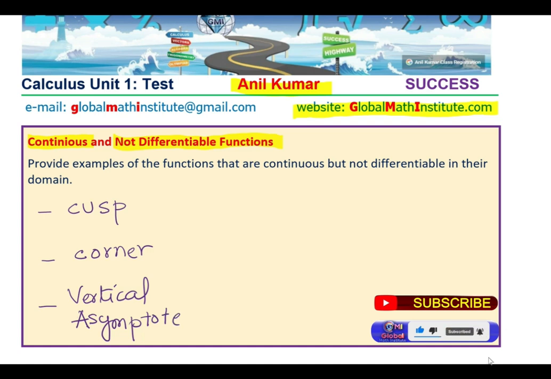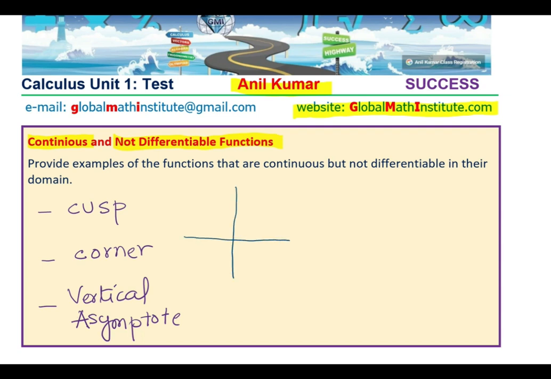So these are the three conditions when a function could be continuous but not differentiable. If I sketch the graph of each one of them, it will be absolutely clear to you. So let me do that. I'll just sketch three functions here.